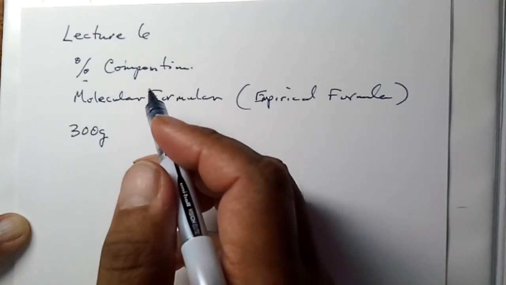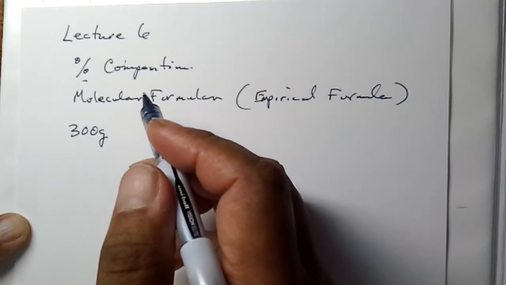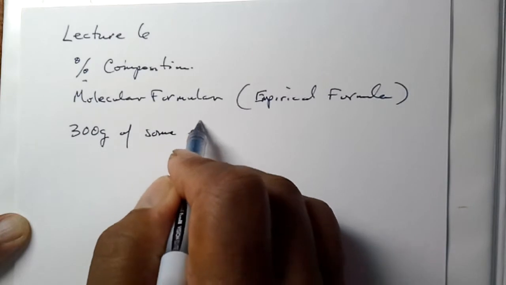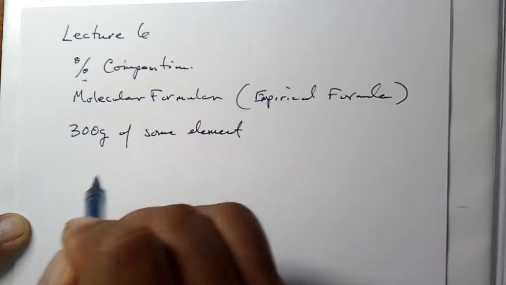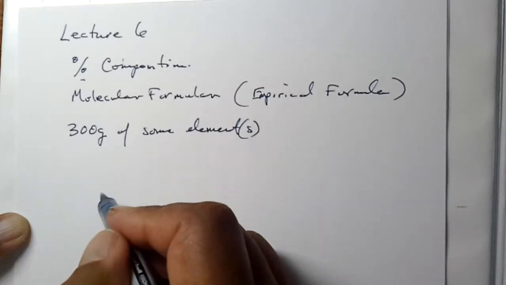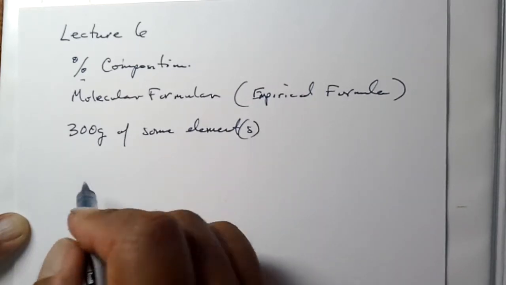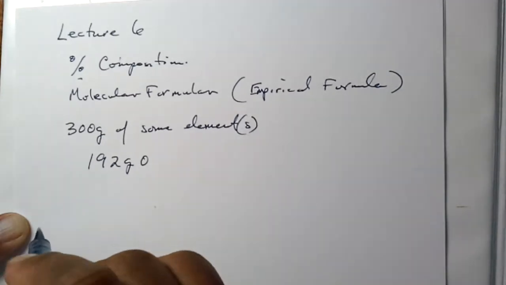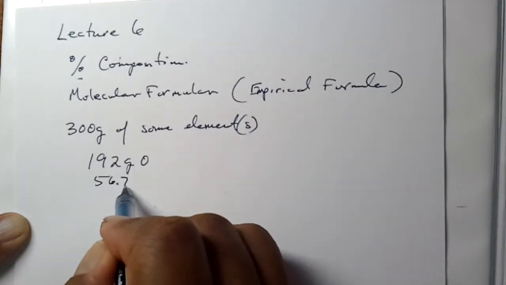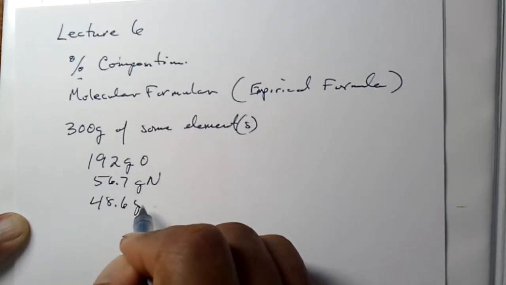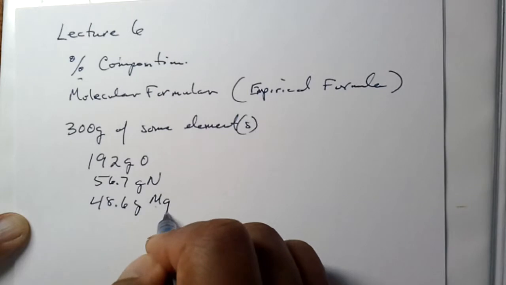So let's say, for instance, I have 300 grams of some element, or it could be a mixture of elements, I don't know for sure, that I had analyzed. And it was found to have 192 grams of oxygen, 56.7 grams of nitrogen, and 48.6 grams of magnesium.